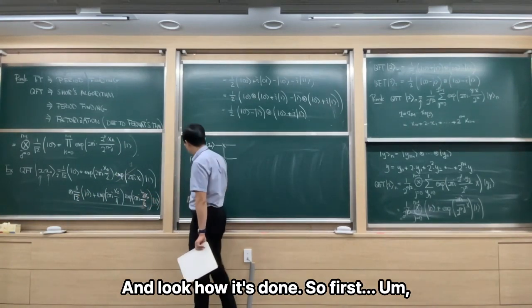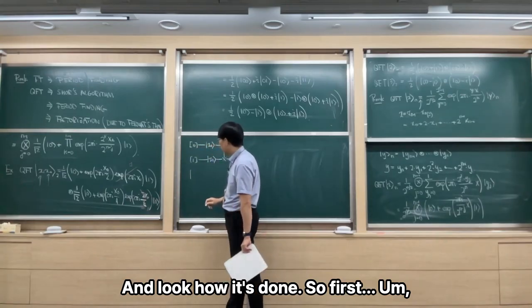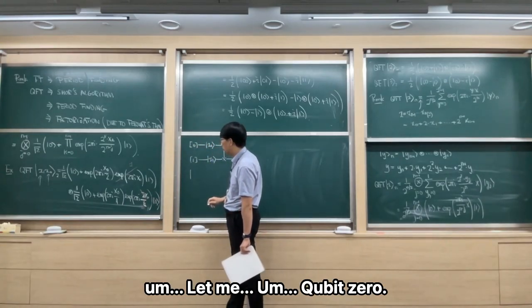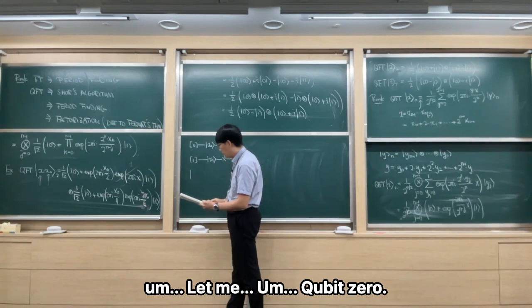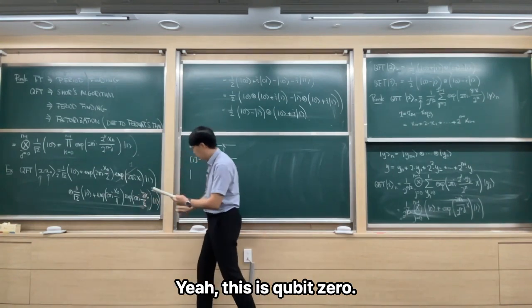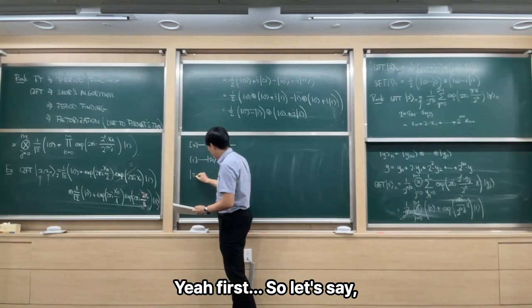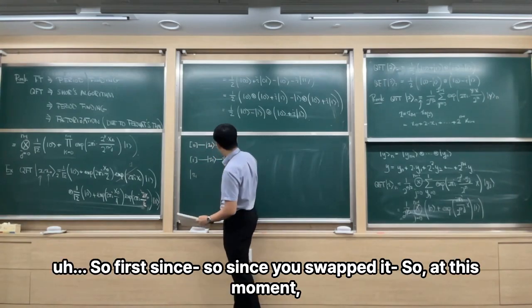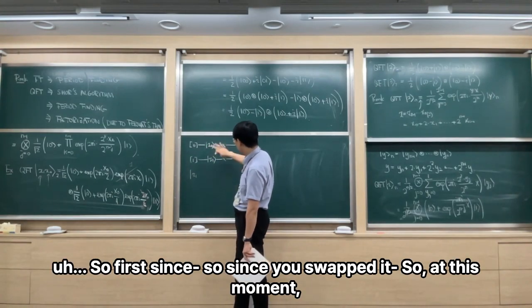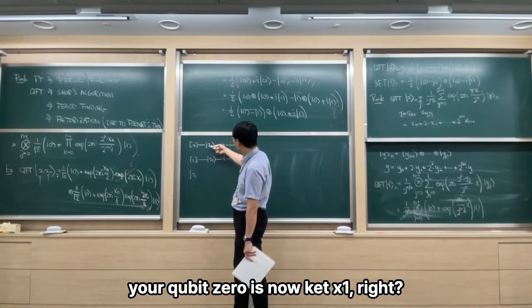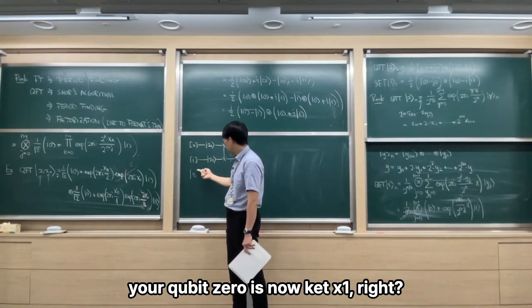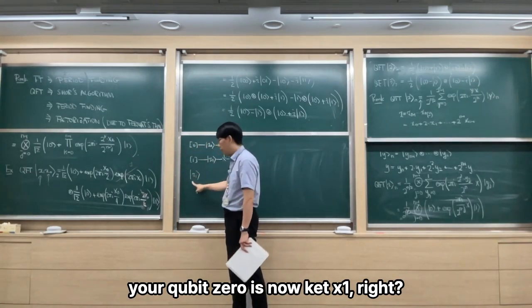So first, qubit 0. Yeah, this is qubit 0. Yeah, first. So let's say, so first, since you swapped it, so at this moment after swap, your qubit 0 is now ket x1, right?